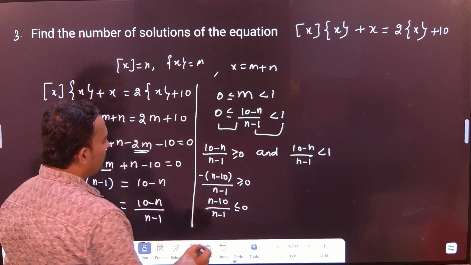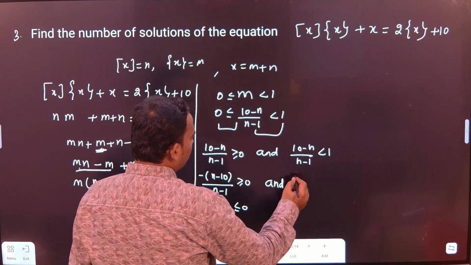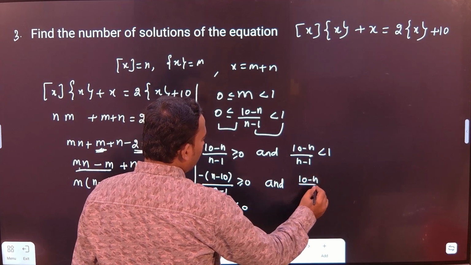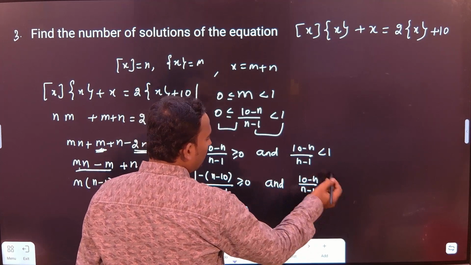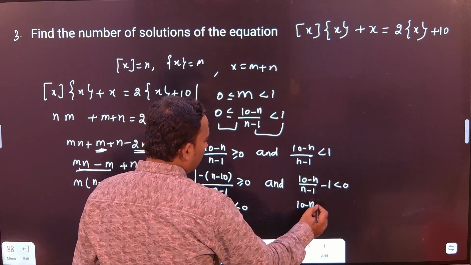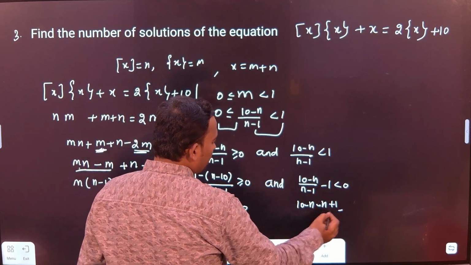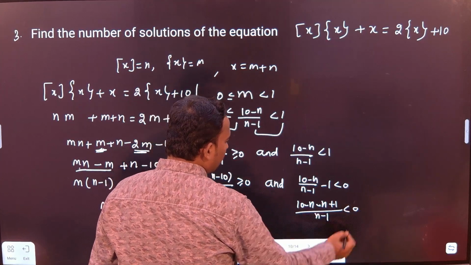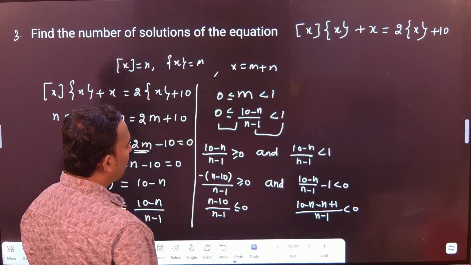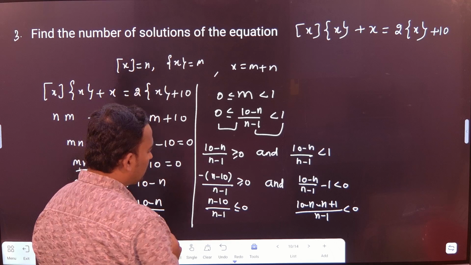Fine. So now you can see here 10 minus n divided by n minus 1. Minus 1 you send to the left side, less than 0. You take the LCM, 10 minus n minus n. Minus n plus 1 divided by n minus 1 is less than 0. Strictly less than 0, right? Check once, 10 minus n plus 1. Yes, correct.